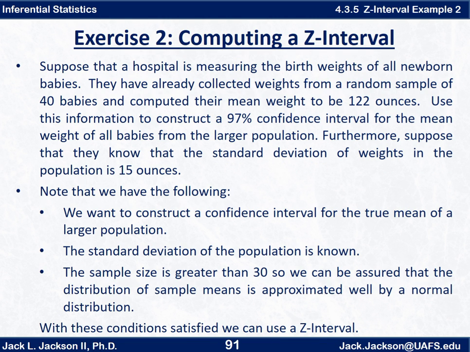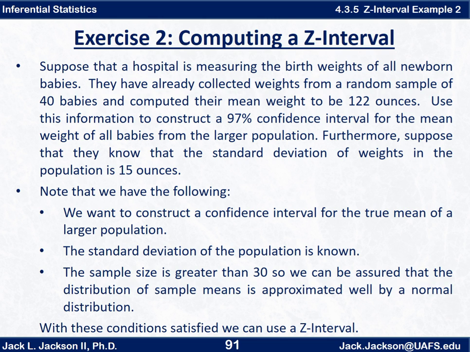So the first thing we have to do is to see what technique we're supposed to use. In this case, notice that we want to construct a confidence interval for a true mean of a larger population. Secondly, the standard deviation of the population is known. It's 15 ounces.